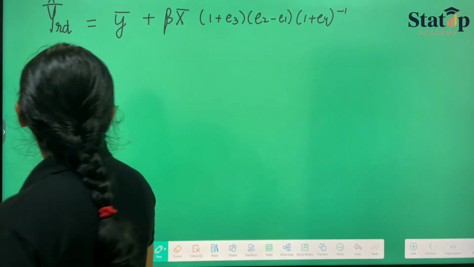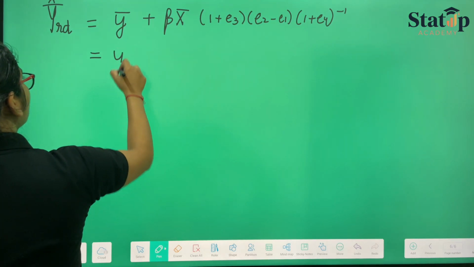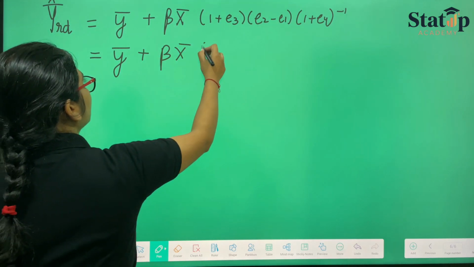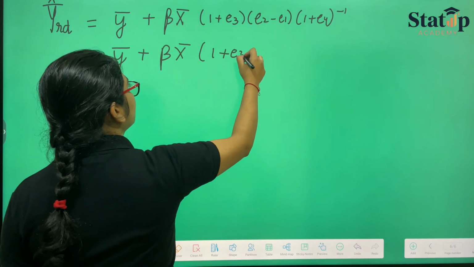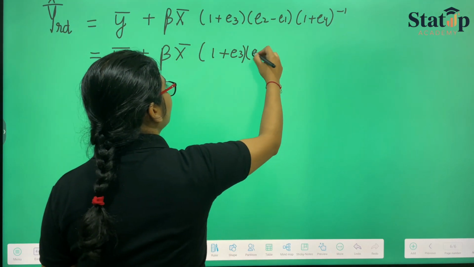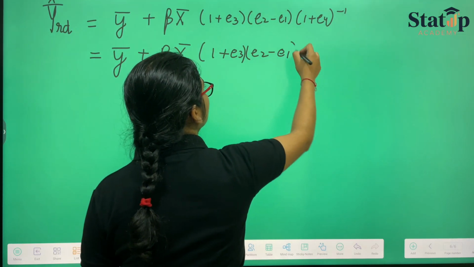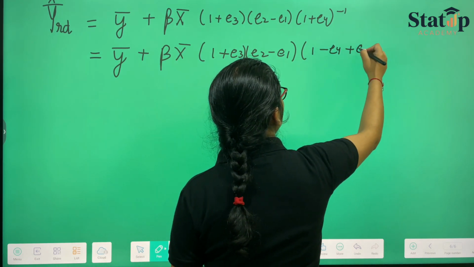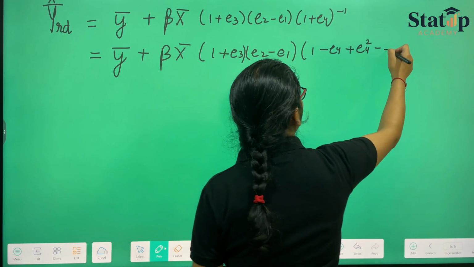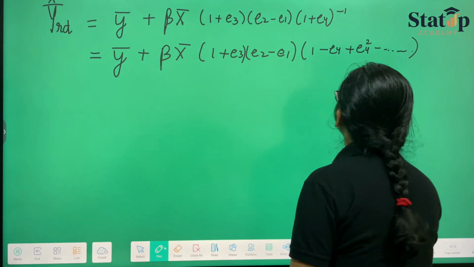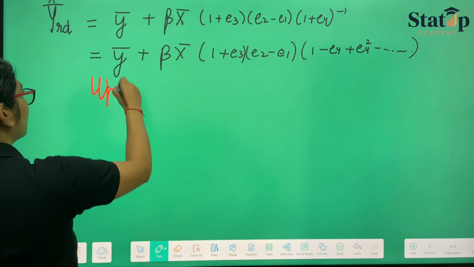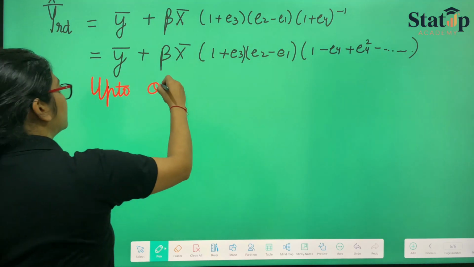Now we have to take the approximation. First we'll expand y bar plus beta x bar into (1 plus e3)(e2 minus e1)(1 minus e4 plus e4 square minus ...). It goes up to infinity, but we have to take up to order 2.